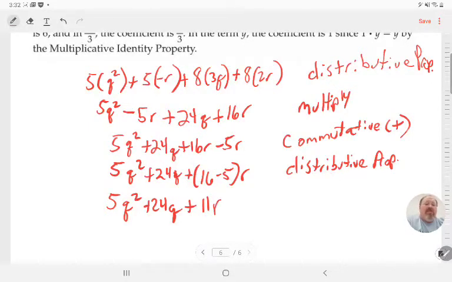Now I have no more like terms because I have two q's, but one's squared and one is not. So therefore, they're not like terms. So that's as far as I could go, and this would be just substitution. Okay? And that's all I can do.